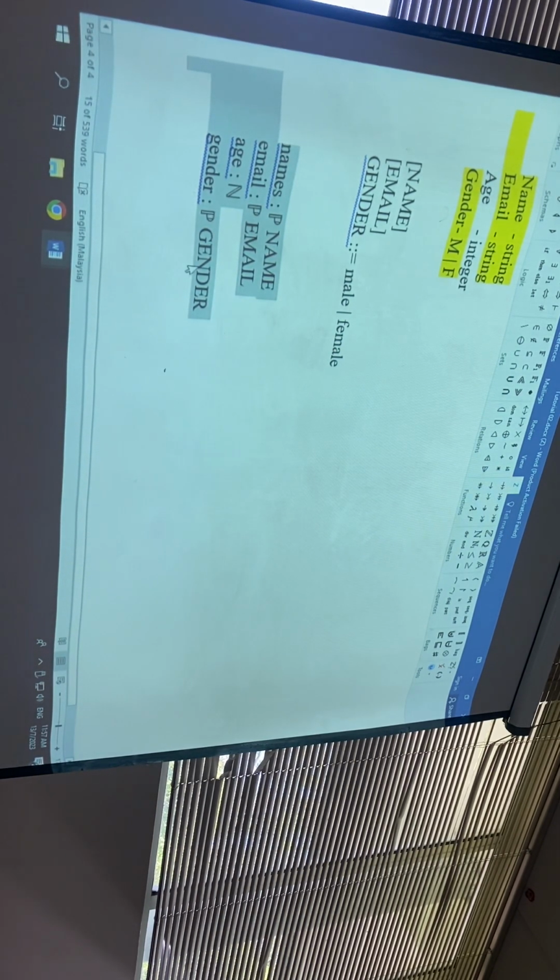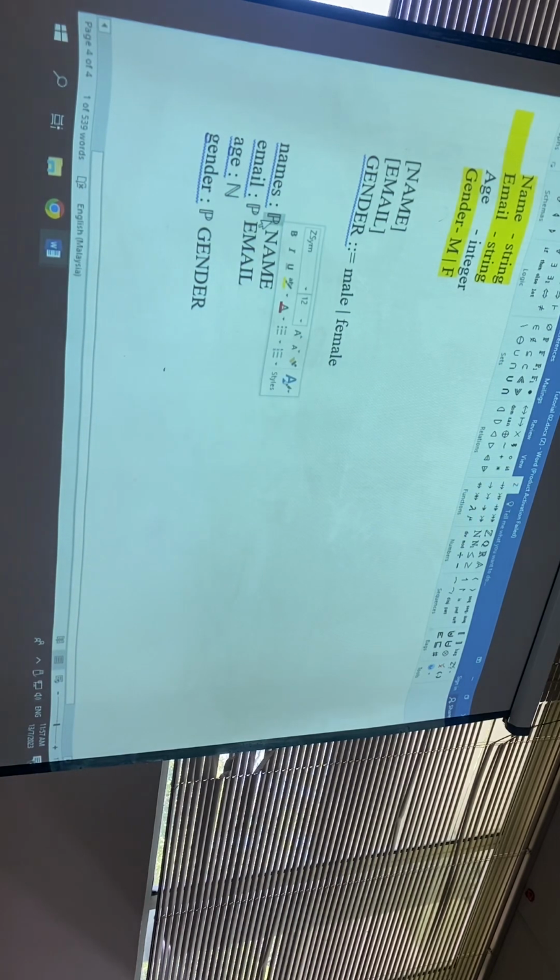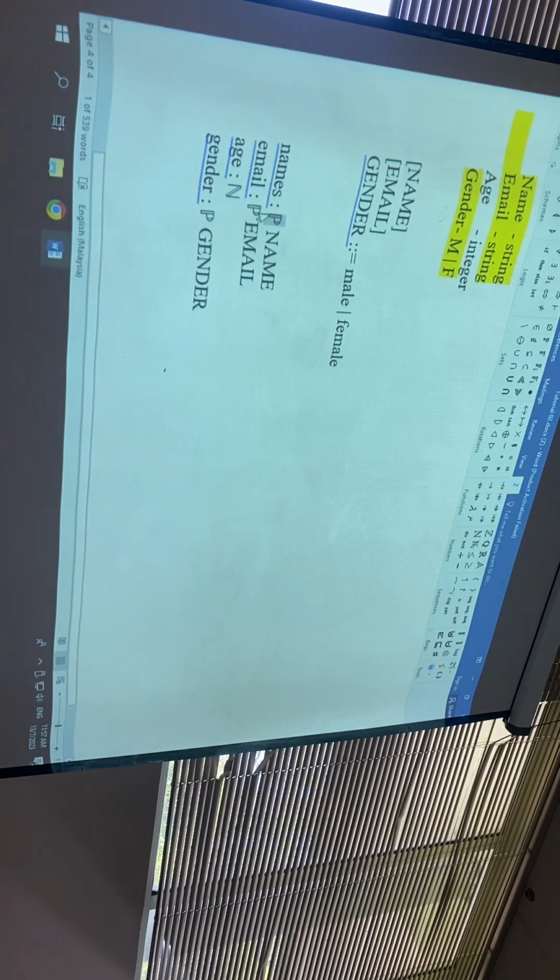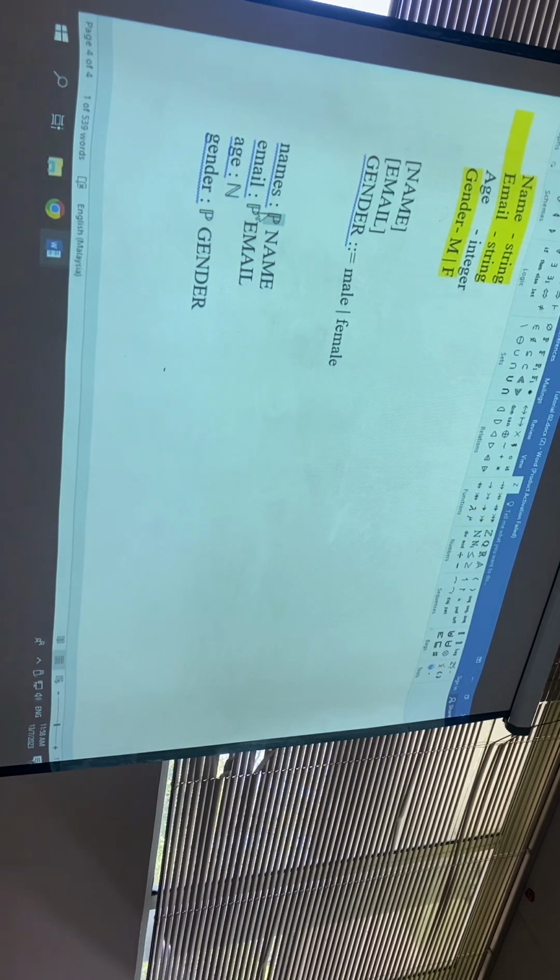If you know how many records you are going to have, maybe you want to have 100 records only, then rather than putting power set here, you can change to finite set.